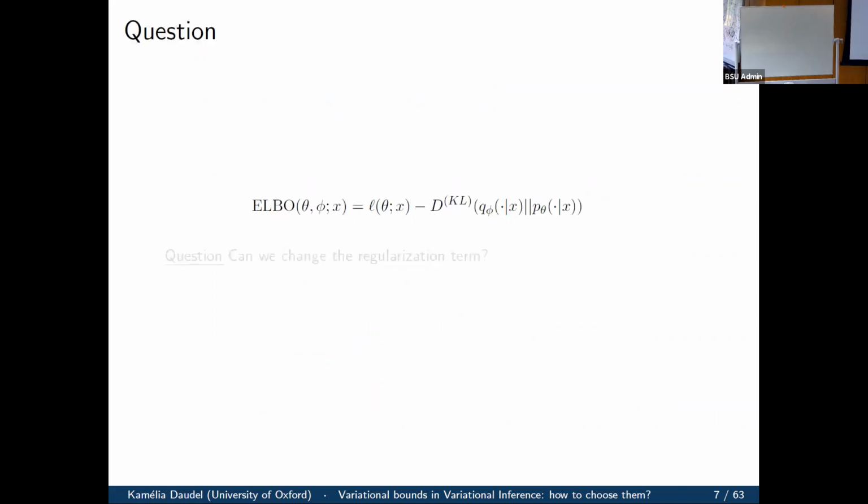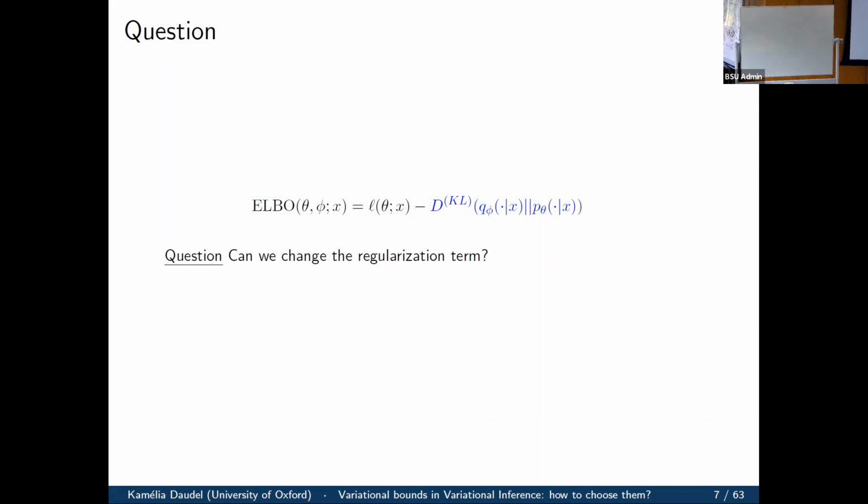A question which might be a bit naive, when we look at the expression that I showed you before, is: interesting that we've got this exclusive Kullback-Leibler divergence term here, but can we change it? Because if you're a bit familiar with optimization, you know that the choice of the regularization matters.